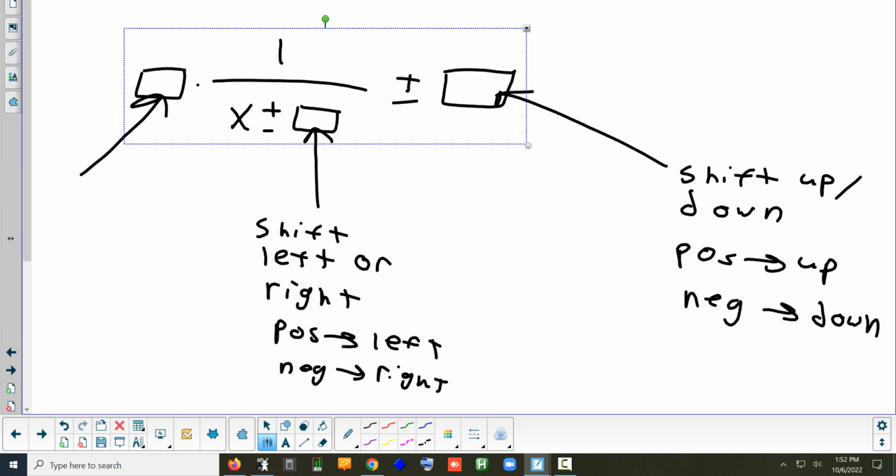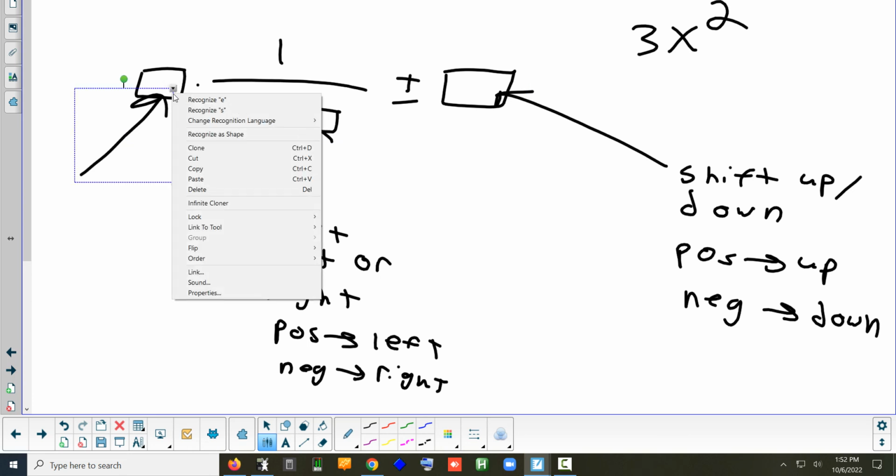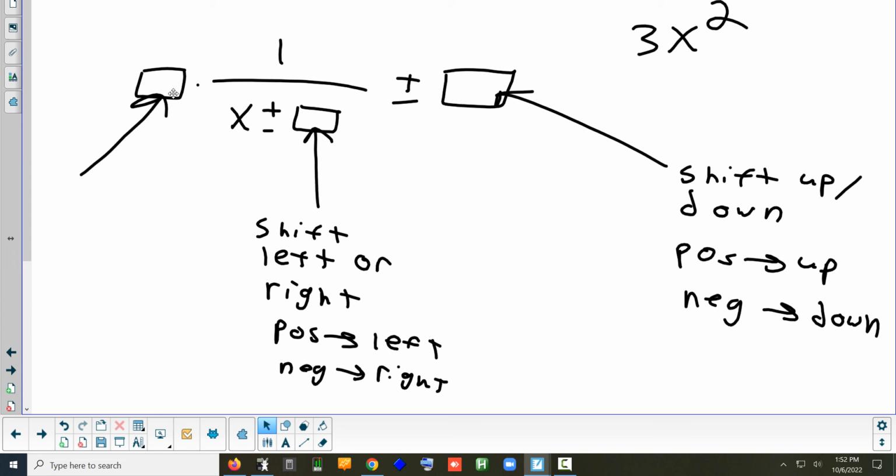This is multiplying by a number in front. Same idea as this. Multiplying by a 3 does something to the graph because it's multiplying in front. What does multiplying by a number in front do? Which way?